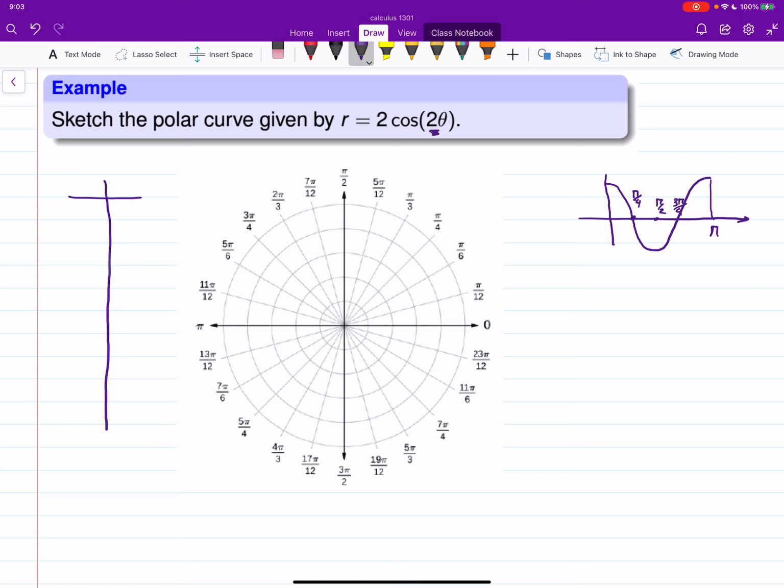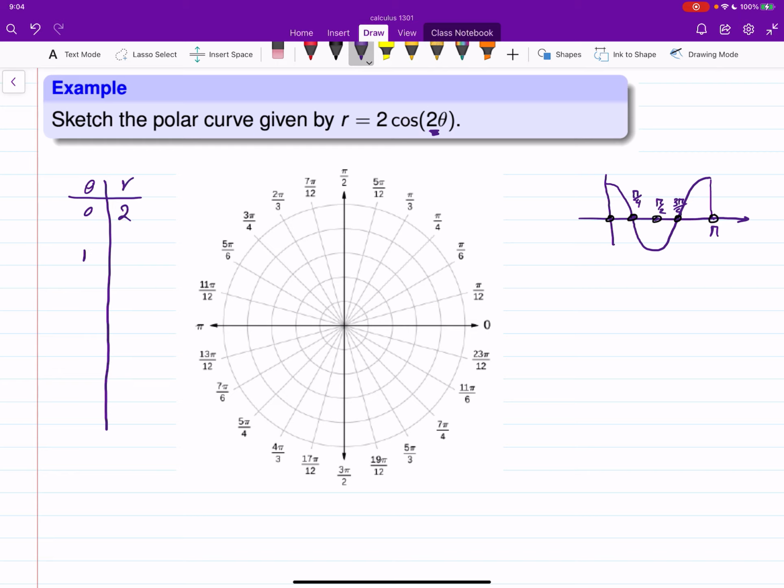Why is knowing this graph important for me? Because I can now see what the key values for theta are and try to figure out the things based on that. So here I'll start with 0. Cosine of 0 is 1, so this will be 2.